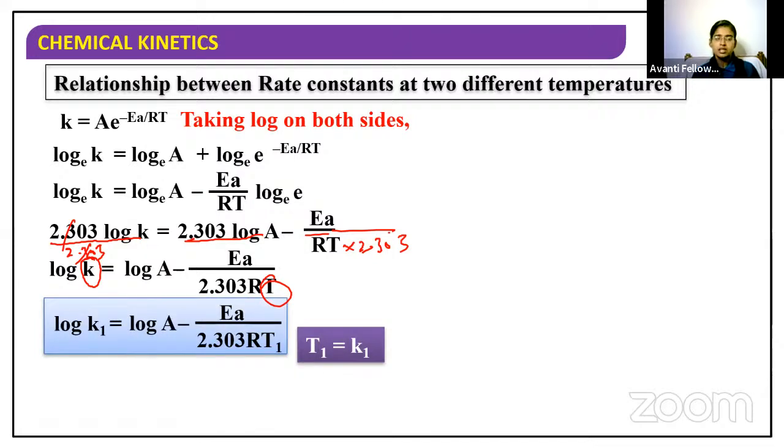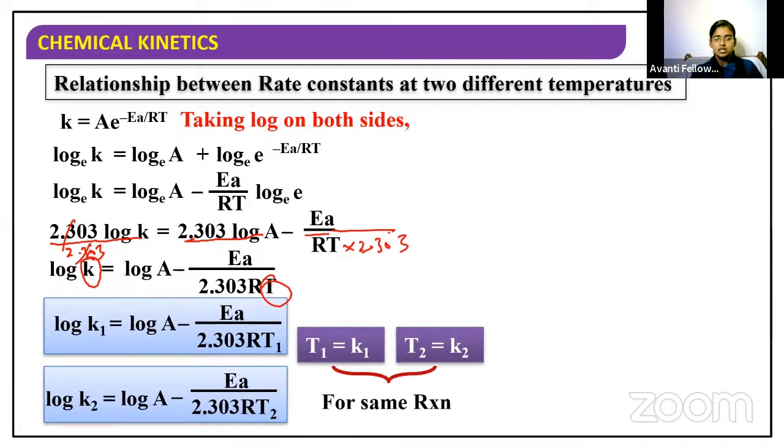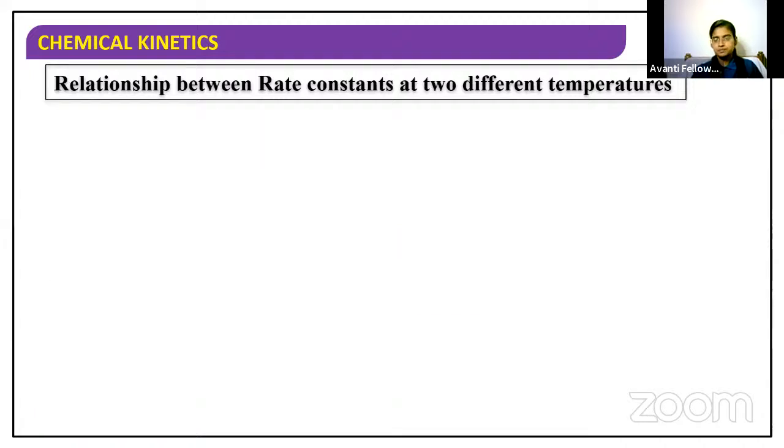Suppose I have two temperatures, T1 and T2, and rate constants K1 and K2. This is the equation for K1 and T1, and for T2 it gives K2. So for the same reaction, we may have temperature T1 as well as T2. You just need to understand the final formula.